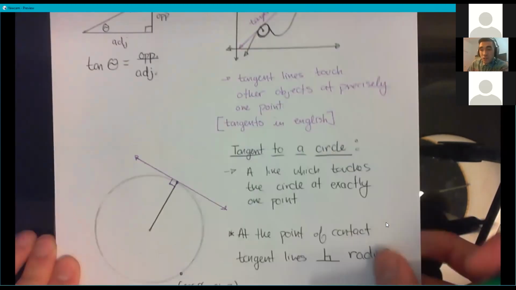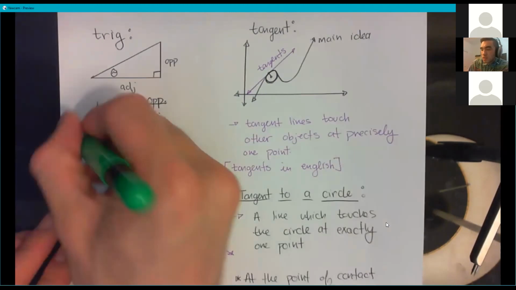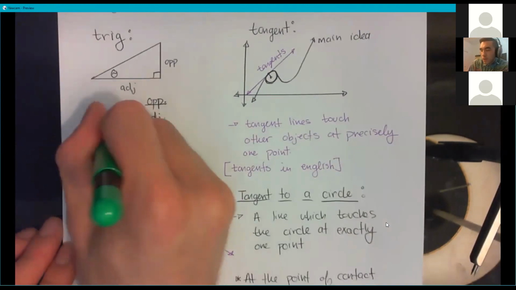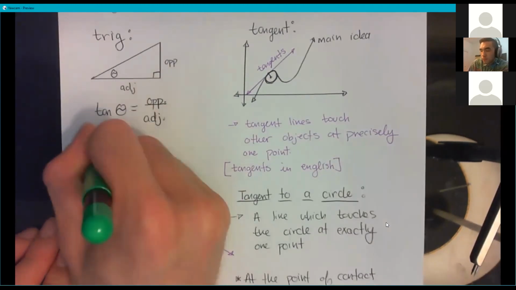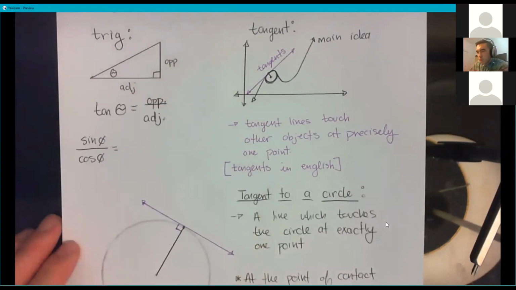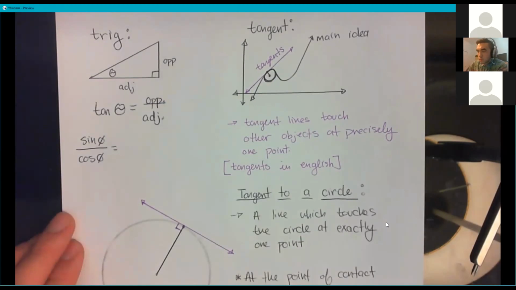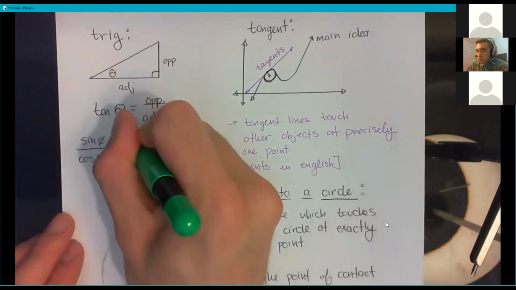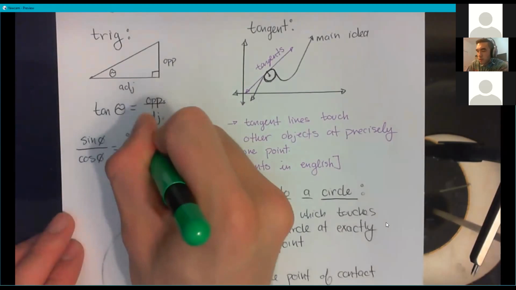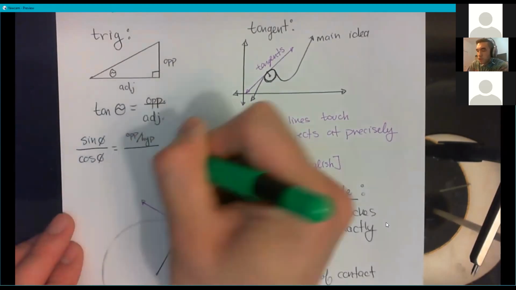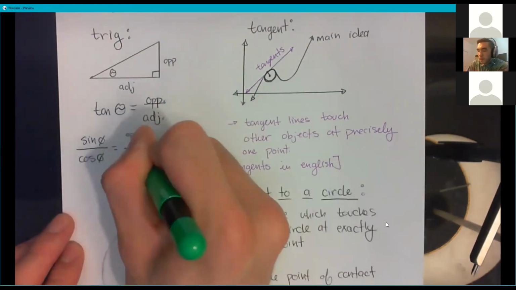Cosine and sine can also give us tangent. If you take sine theta and divide it by cosine theta, according to SOHCAHTOA, what ratio is sine? Opposite over hypotenuse. Cosine is adjacent divided by hypotenuse.